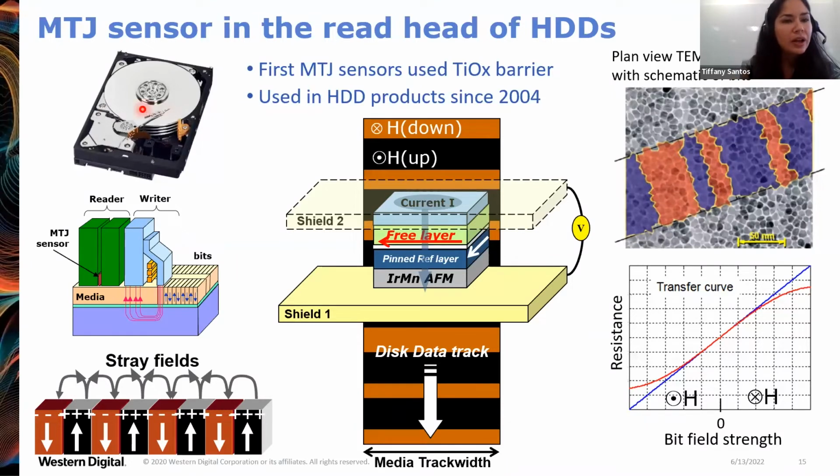So here's the inside of the hard disk drive. The major components are this media disk, which has magnetic material coated on both surfaces, top and bottom.